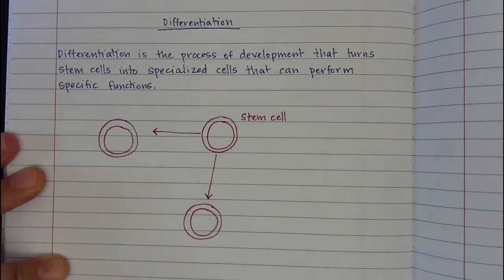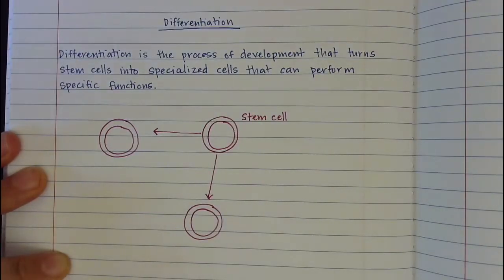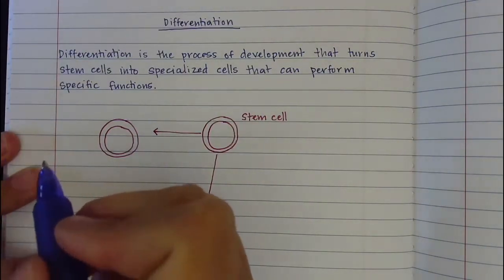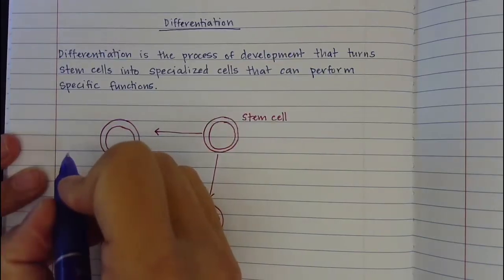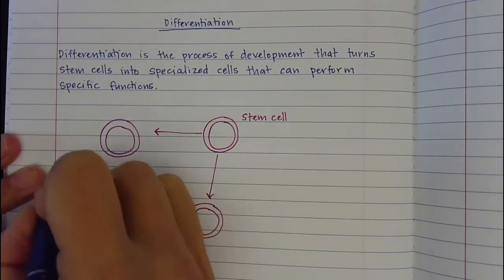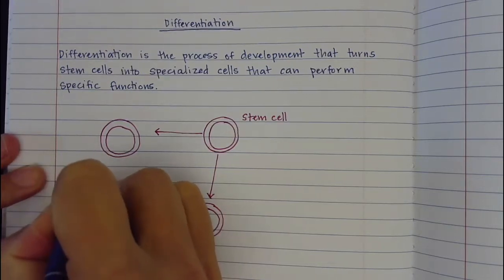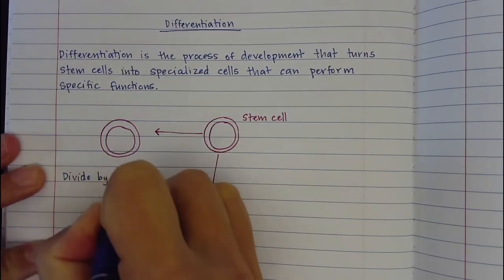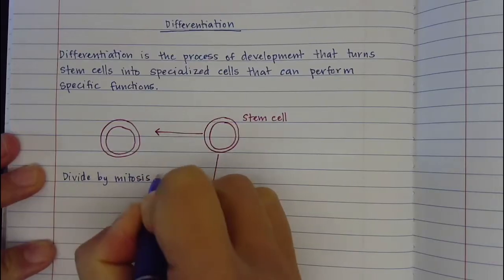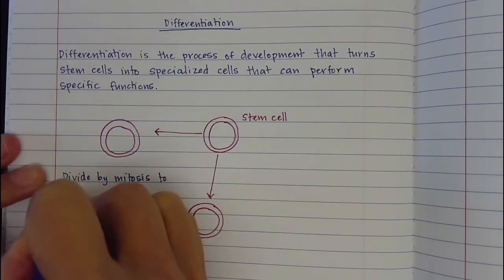So we're going to put a little note here, and I'm going to be switching colors so that my notes are in blue and my drawings are in this pink color. So stem cells are going to divide by mitosis to create more stem cells.